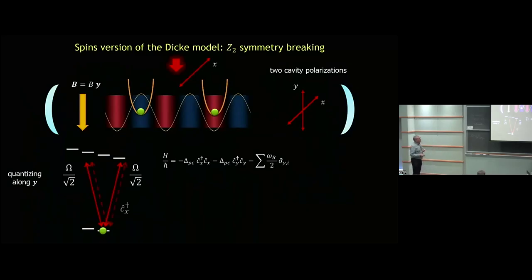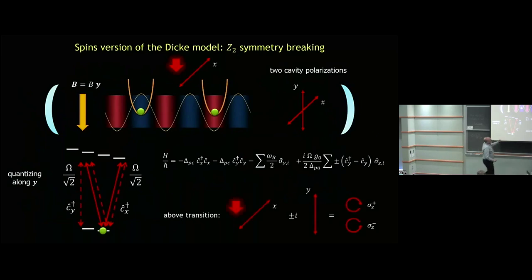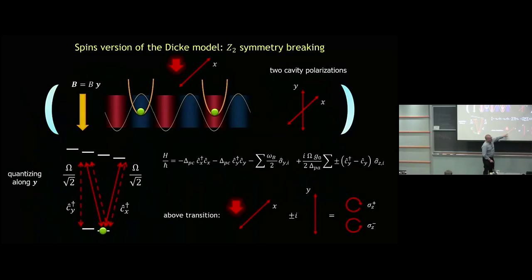And when the atoms undergo symmetry breaking, they'll create an interference between the drive field of one polarization and the cavity field of the other polarization, which locally generates a circular polarization, which acts like a magnetic field on the atoms and tips their spin.